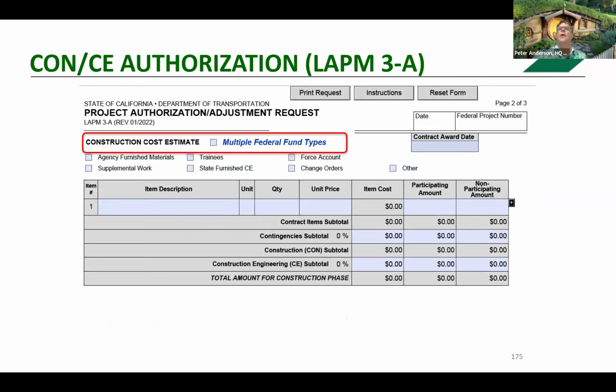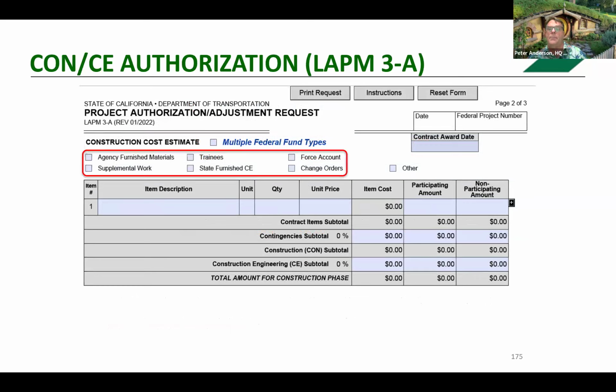Clicking on this will add different columns for the different fund types, and then you need to segregate your costs as to how much applies to federal fund type A versus fund type B. There are also special elements of the engineer's estimate, such as agency furnished material or supplemental work. You may check the appropriate boxes, and the estimate will automatically add lines to the estimating tool to enter this information.